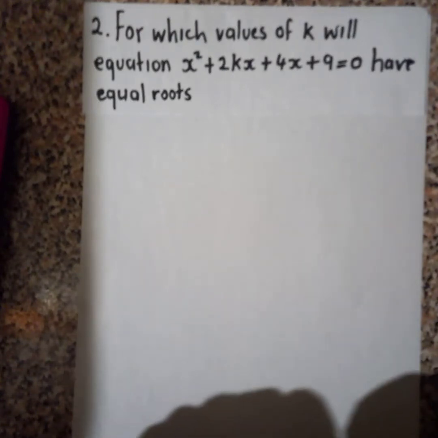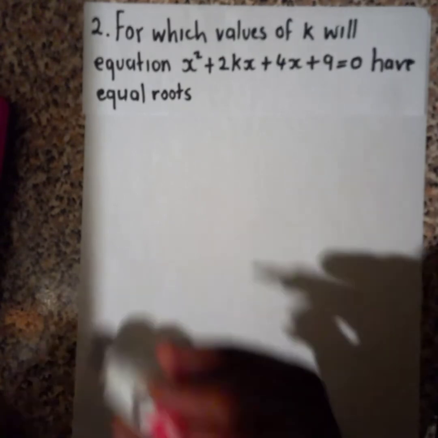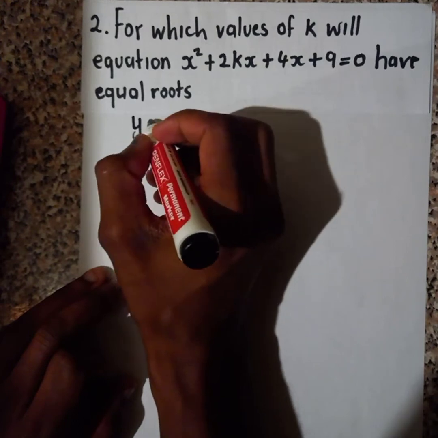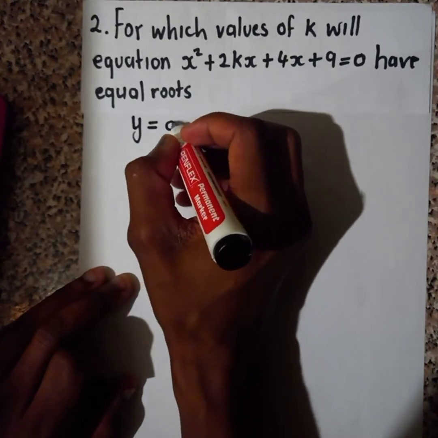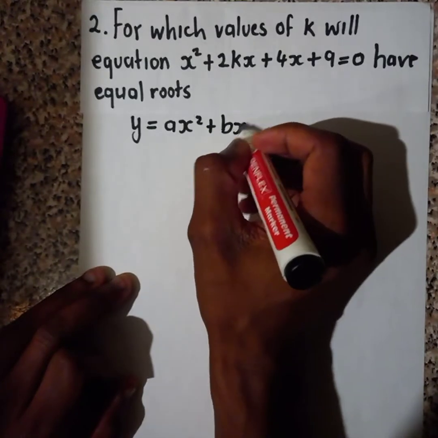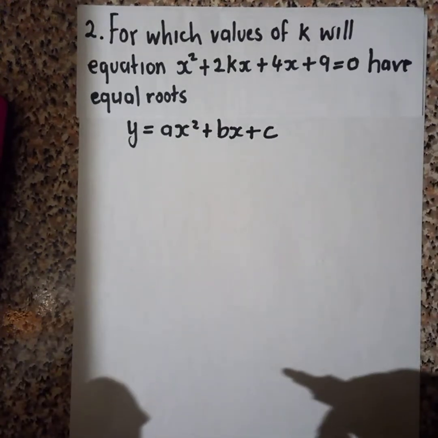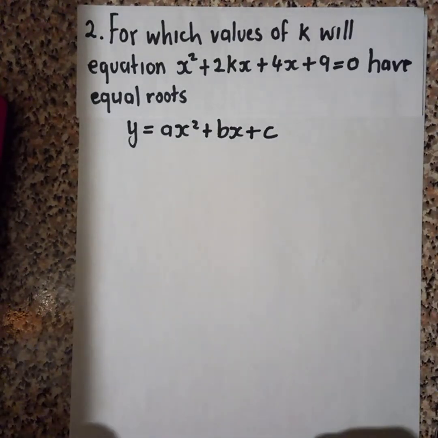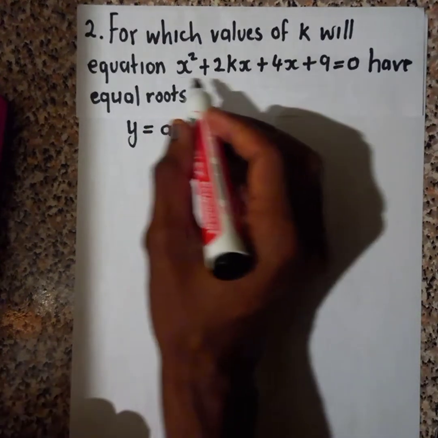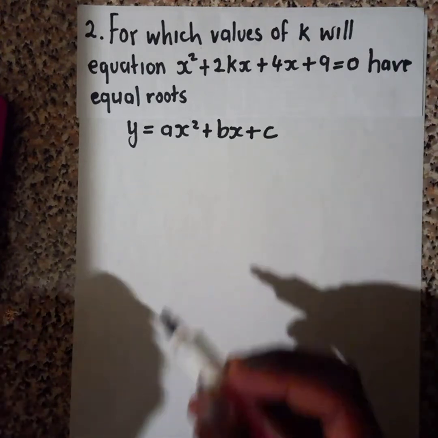Firstly, my fellow learners, we must not forget that the general formula for the quadratic equation is y equals ax squared plus bx plus c. This is our general formula for what? For a quadratic equation.